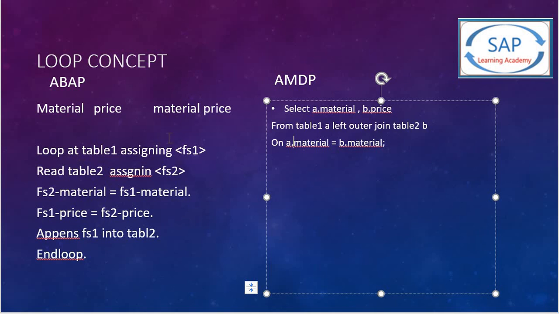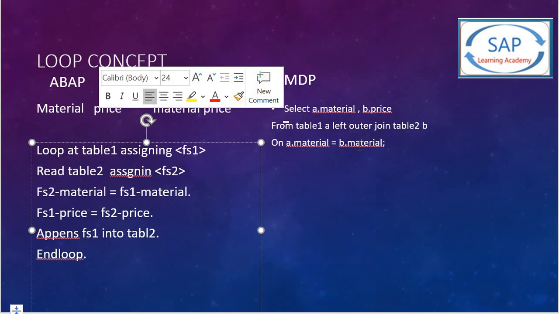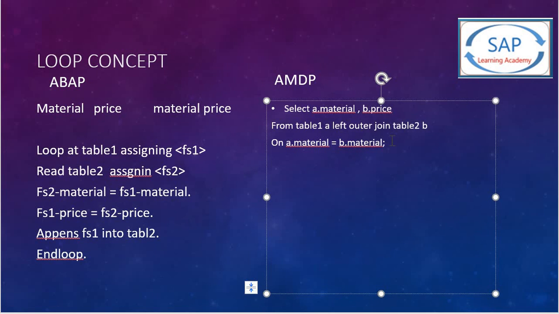But in this loop, it reads the data one by one and checks the next table. If the price is available, it picks up the data. But here all the materials from both tables are joined together and provided the price into the result fields.